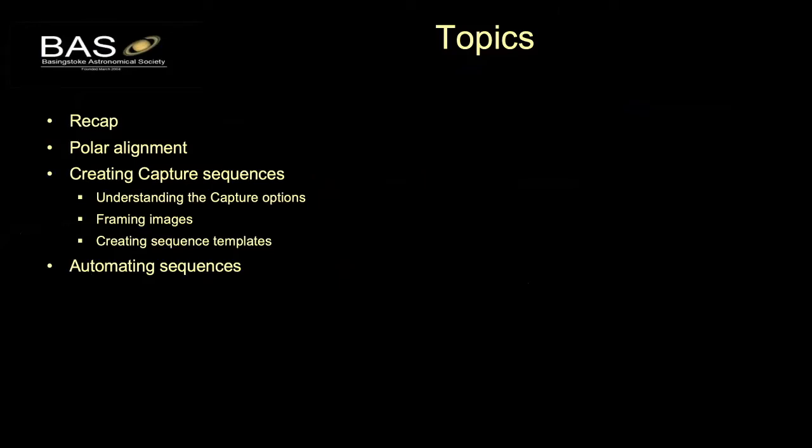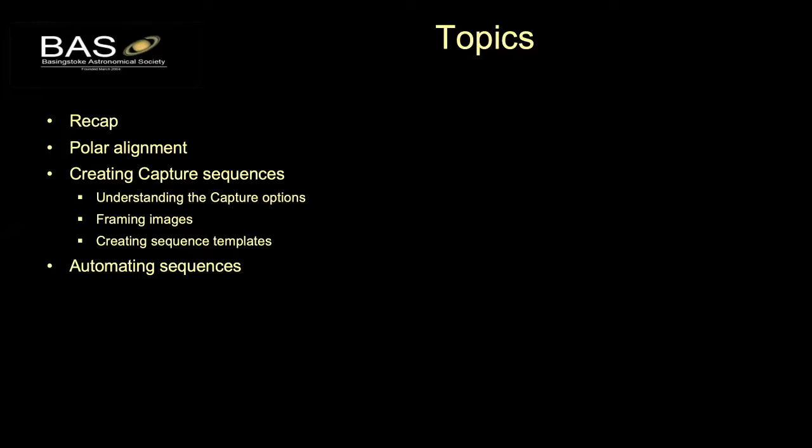So you can look at all the options, how to frame images, and the all important, how do we create sequences, which I think a lot of the people who have been here in this group and the First Light group are struggling with. And if we get time, we'll go through automating sequences.